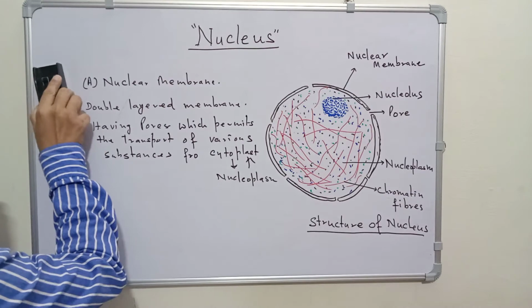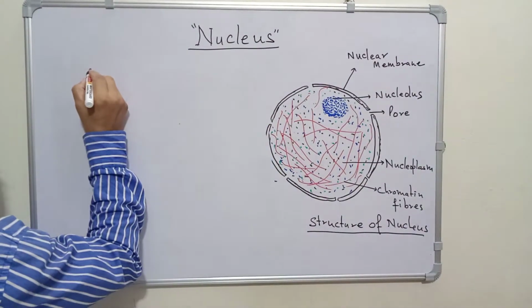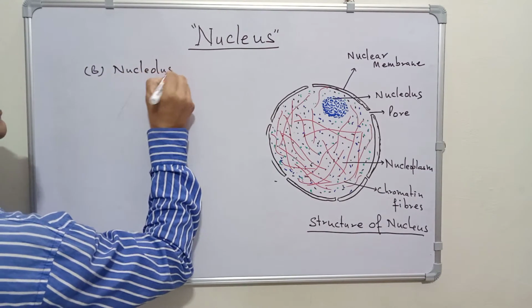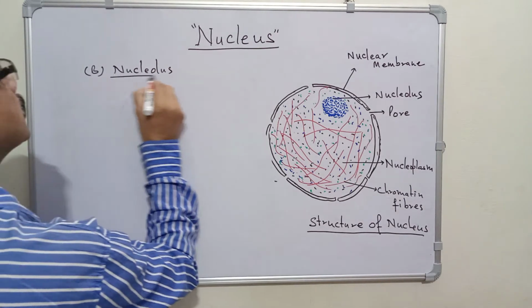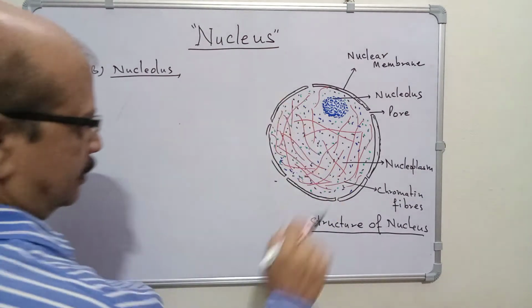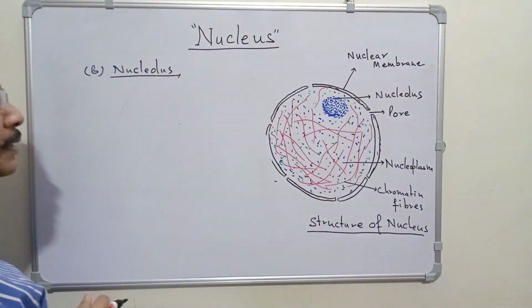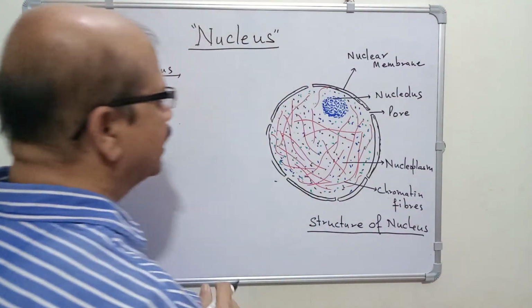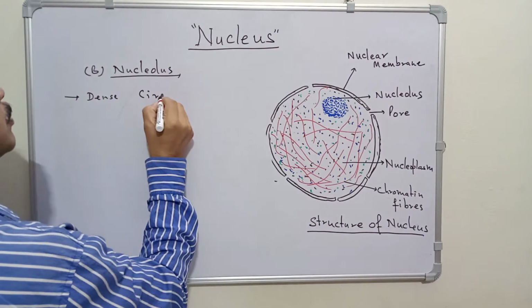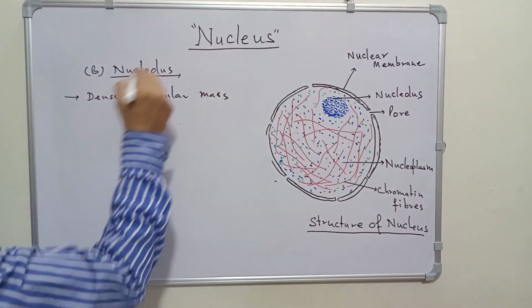Then second, nucleolus. What is nucleolus? At the center of every nucleus, there is a dense, circular mass present, which is known as nucleolus.